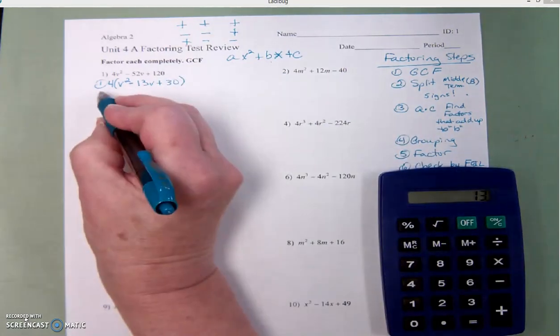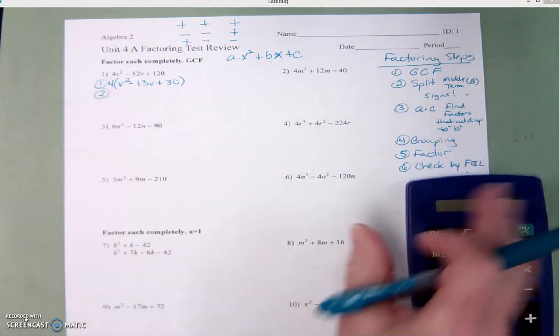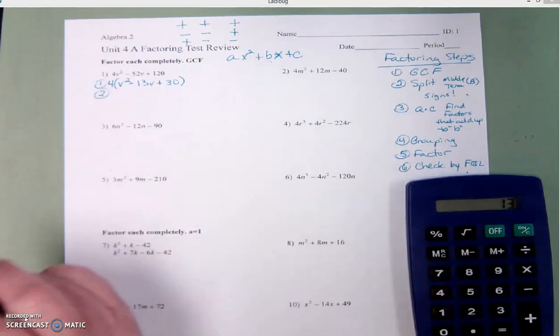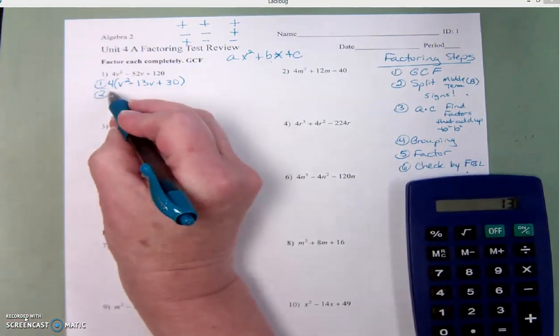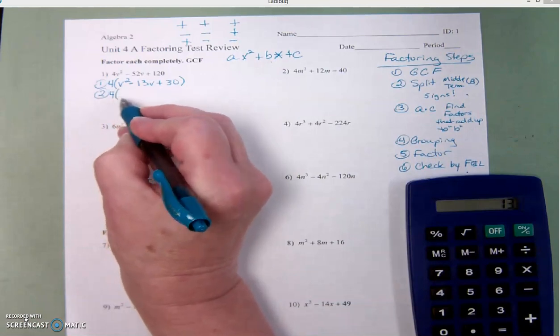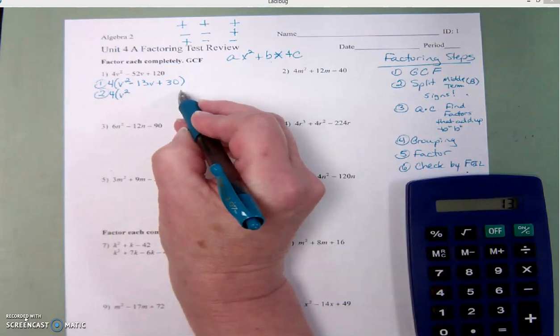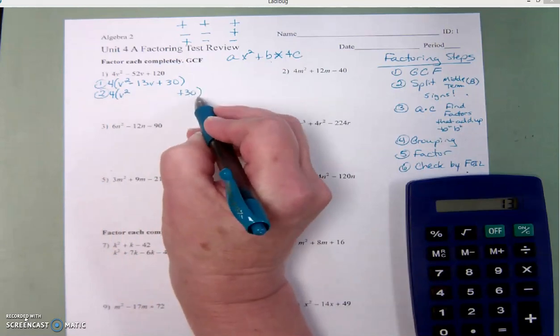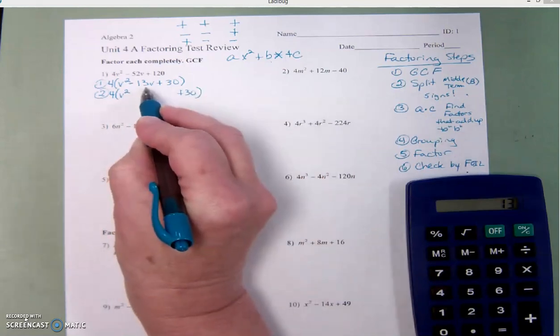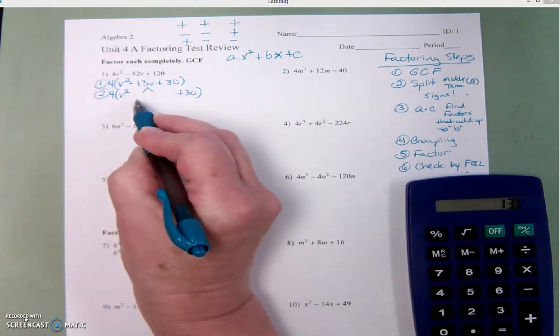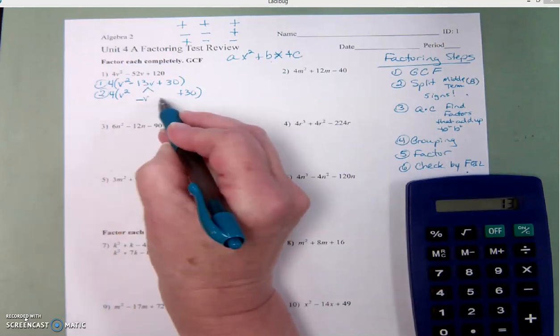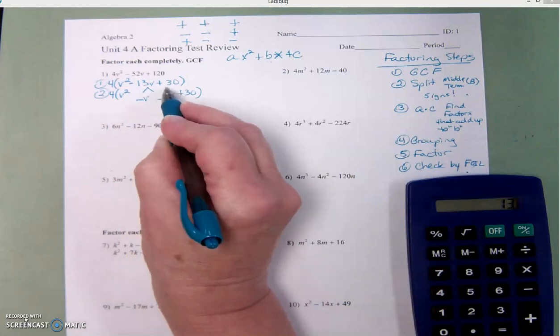So my second step is I need to split the middle term, looking out for signs. So I still have this 4 here. My v squared stays the same, and then my 30 over here is going to stay the same. But the 13v I need to split up into 2. So I'm going to have something v and then something else v.